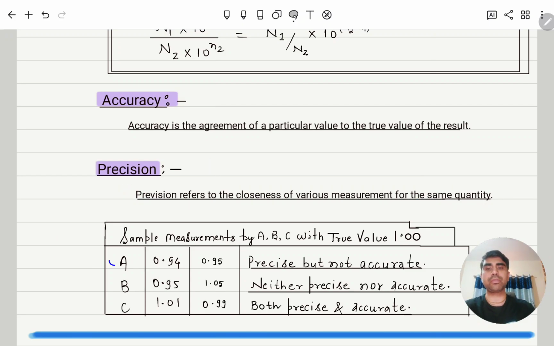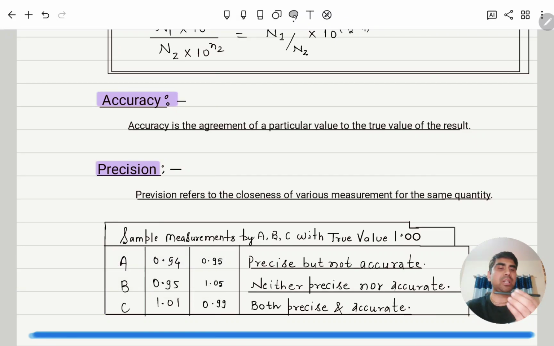So here you can see, suppose samples A, B and C are there. One instrument is measuring this one, another instrument is measuring this one. Let's suppose with one instrument the readings are 0.94 and 0.95. This is the first trial, this is the second trial, and this is the third trial.